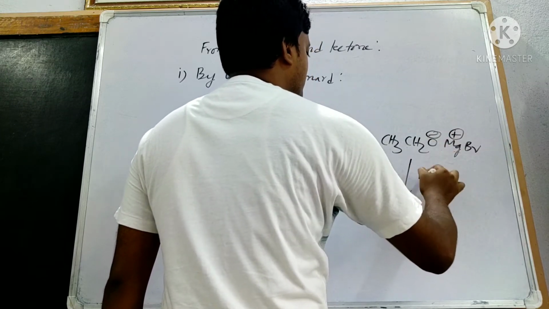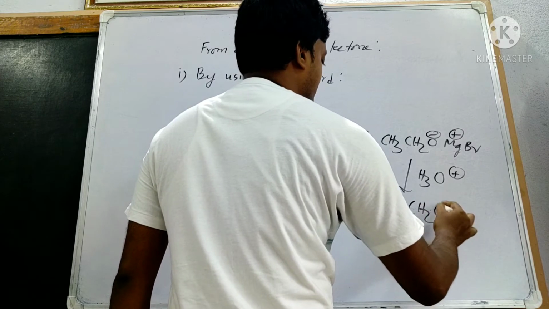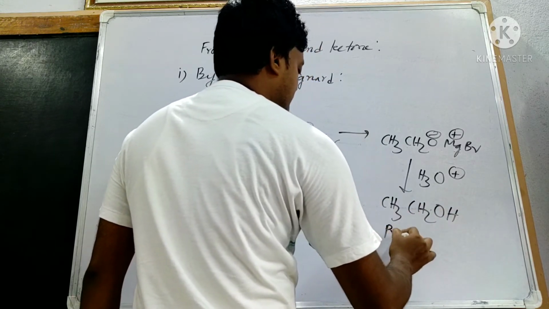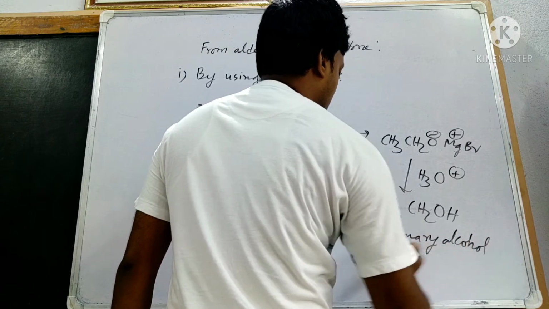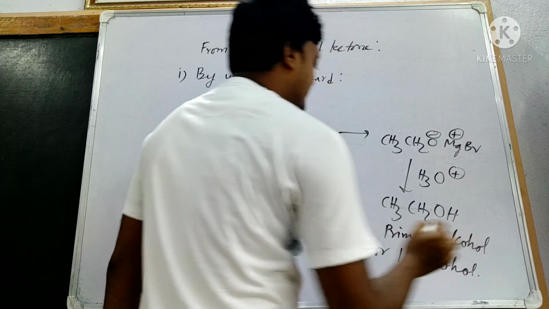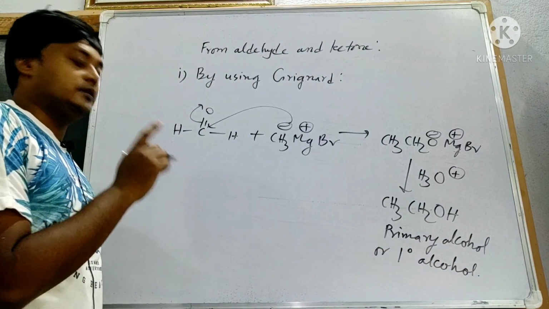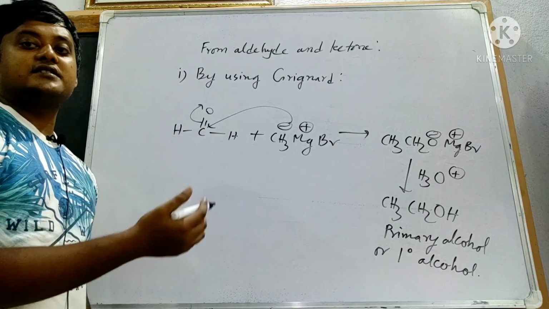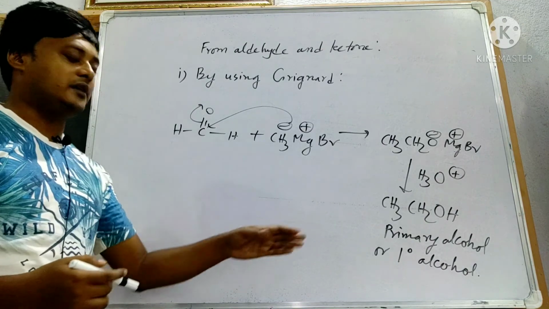Now always remember, when we use Grignard it is followed by a hydrolysis step. That is a primary alcohol or 1-degree alcohol. When we use Grignard, the second step is always hydrolysis, remember this. So formaldehyde to primary alcohol.